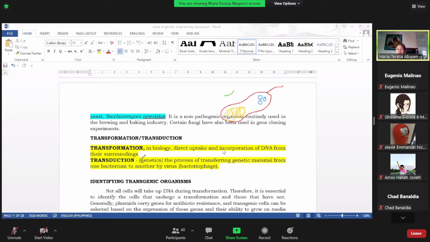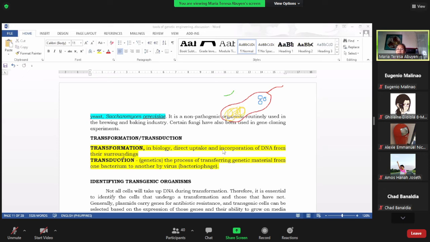While in transduction, the foreign gene is transferred from one bacterium to another through a bacteriophage. In transformation, the DNA enters directly.